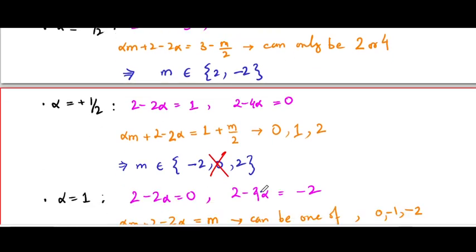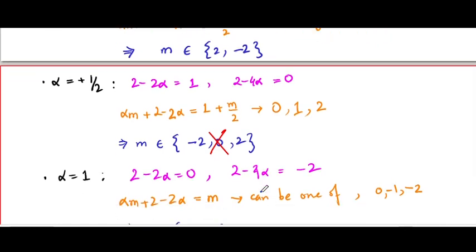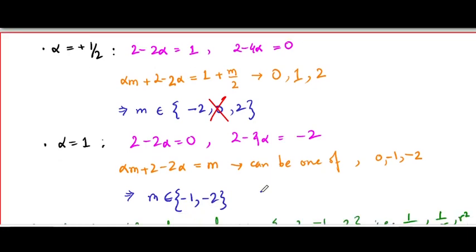Finally, alpha equals 1, which is where you don't really need a substitution at all. V is the same as r. Here 2 minus 2 alpha is 0, 2 minus 4 alpha is minus 2. And so the third power, which is now m, can only be one of 0 or minus 1 or minus 2. And once again, 0 is not allowed, so m can only be minus 1 and minus 2.